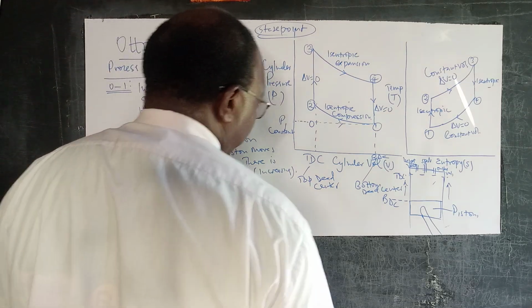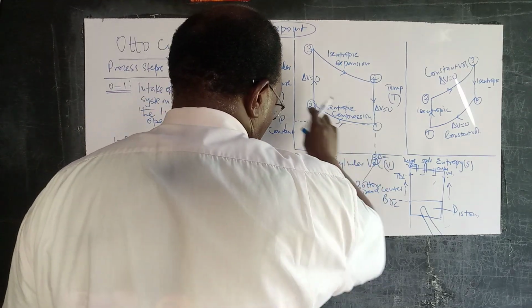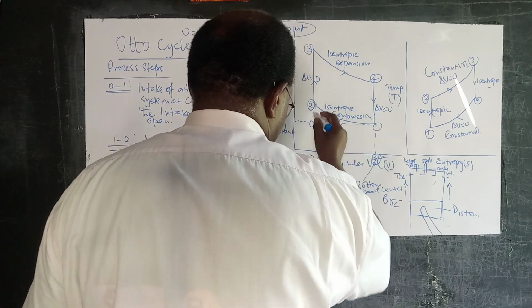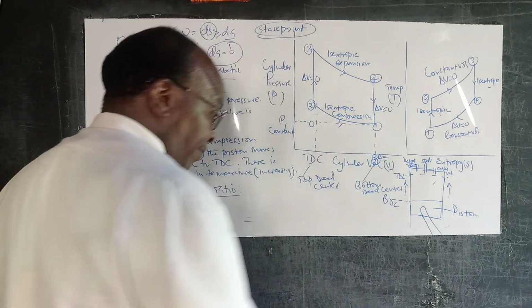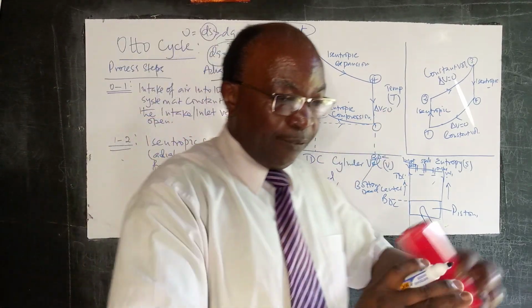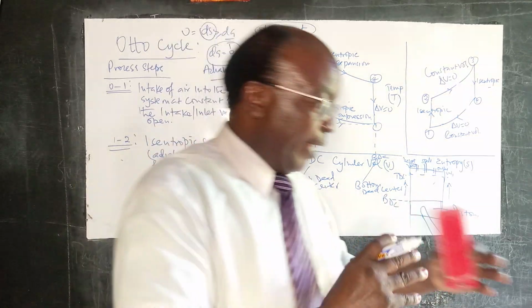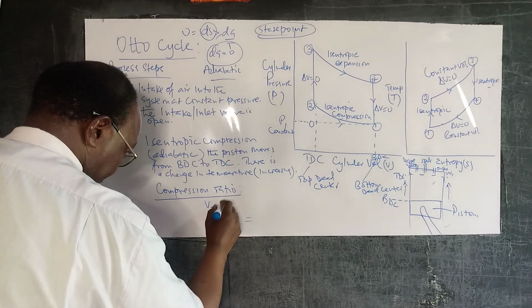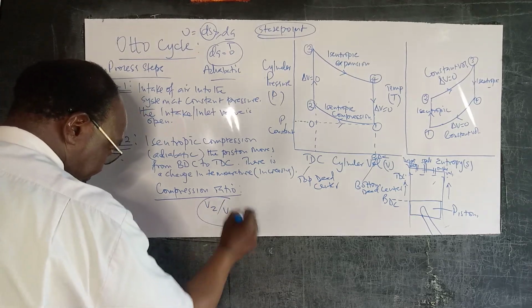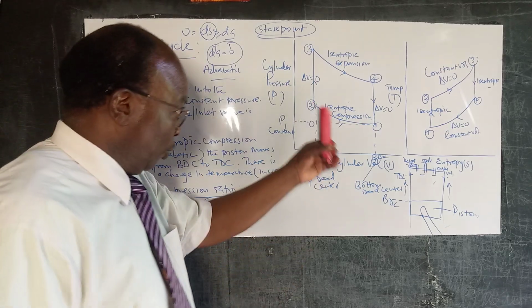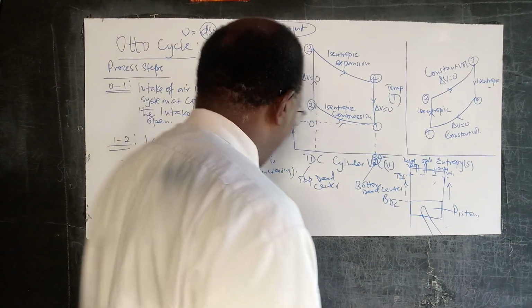We started at V1 and we ended at V2. So the ratio of the two volumes gives you what we call the compression ratio. V2 over V1. The compression ratio here is V2 over V1.